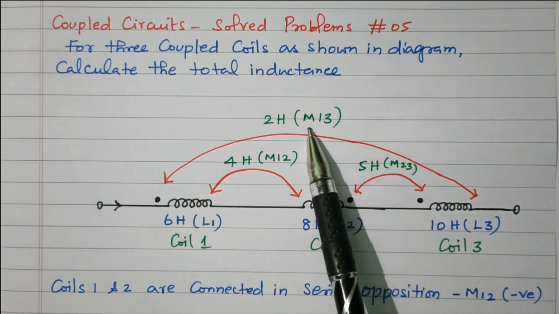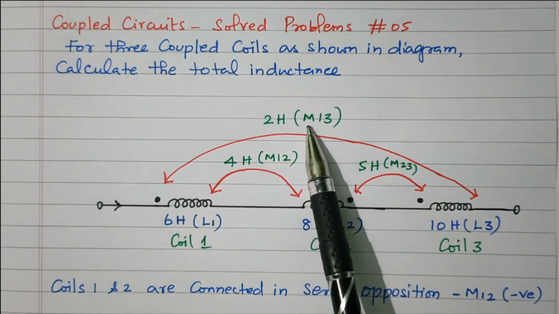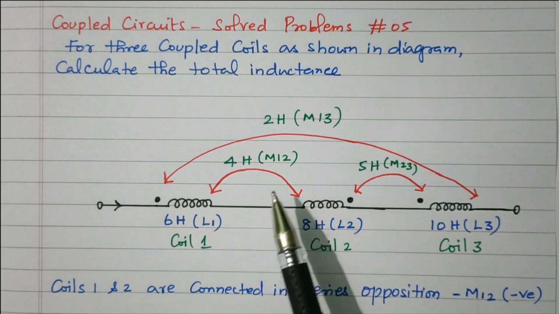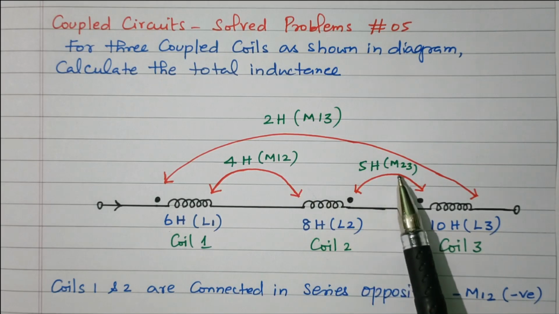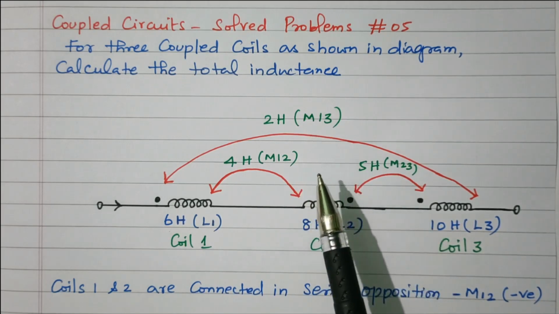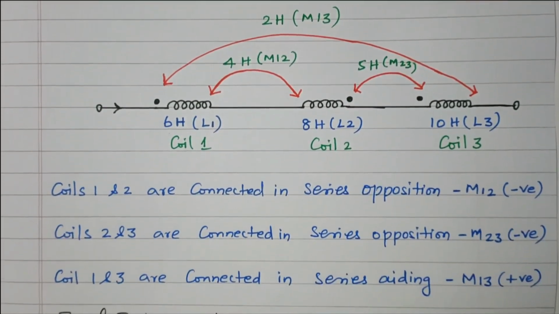So M13 is positive, series aiding, added together, right? M13 is adding. So by inspecting we found that M12 is series opposition, M23 is series opposition, M13 is series adding. So based on that we can find the total inductance.